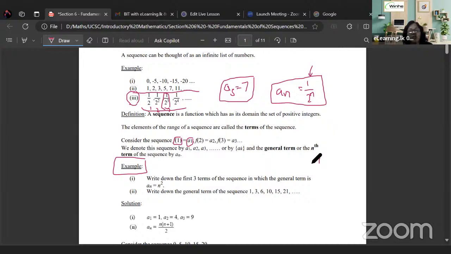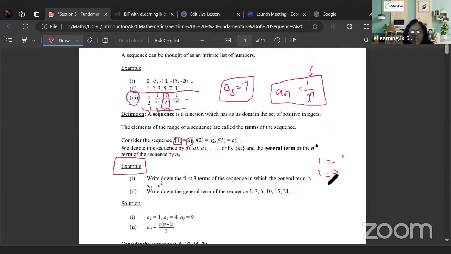By looking at the sequence, we can write down the general term. If you look at this, the first term is equivalent to 1. The second term is equivalent to 3. Right?